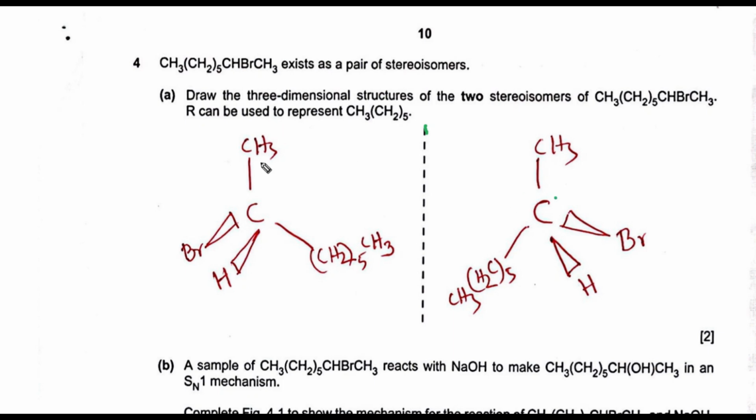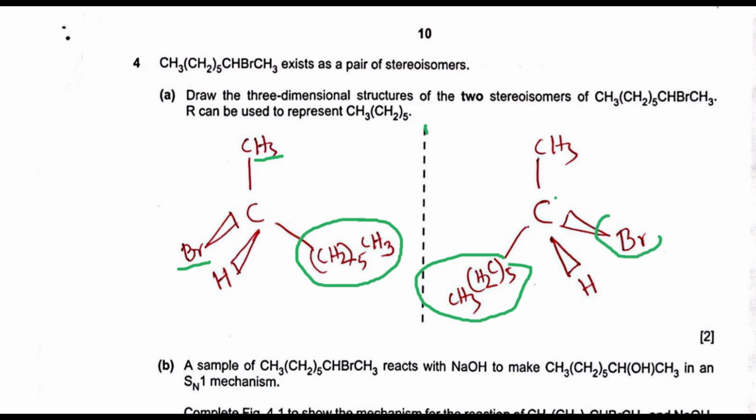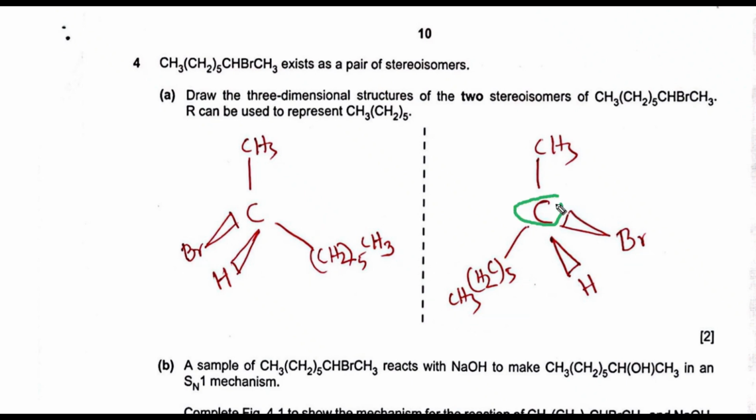So this is carbon, this CH3, this group you can see on the left hand side, and this bromine on the right hand side. This molecule has optical isomers, as this molecule is non-superimposable on its mirror image. So this molecule shows 2 optical isomers.